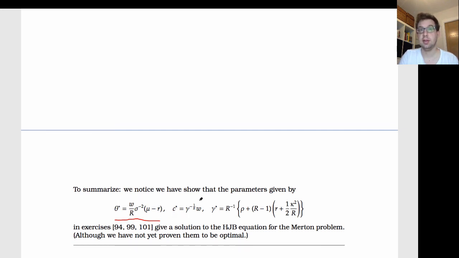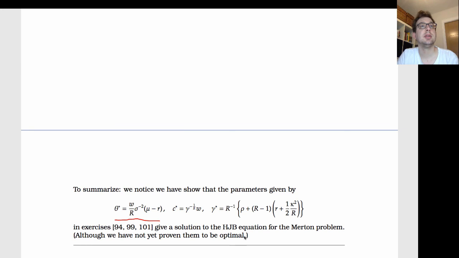Then this is the amount of wealth that I should consume, when the constant in here is given by this expression here. So we've basically found a set of parameters, given you've got a power utility, that optimize your investment.